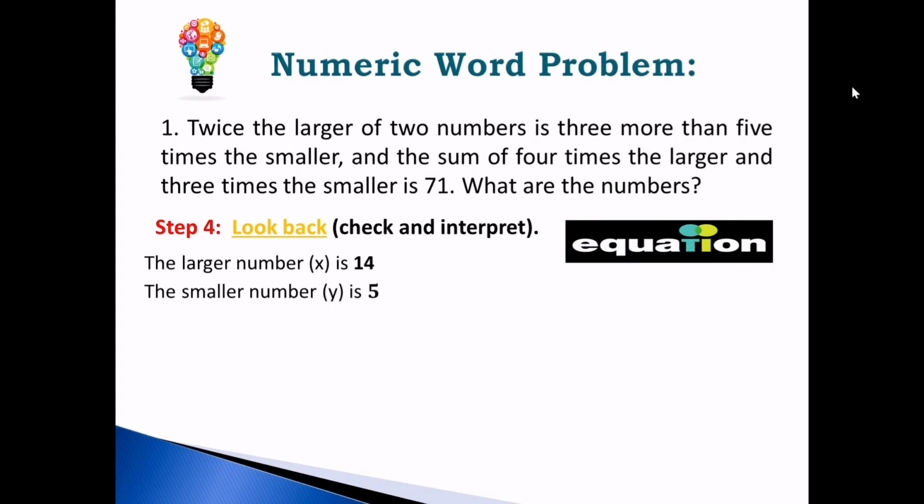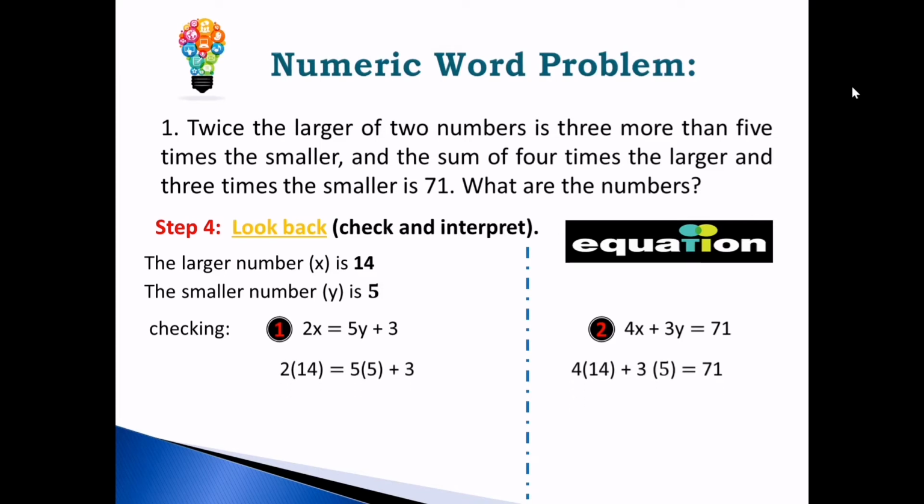We're going to check and interpret whether our answer is right or wrong. So obviously we're going to do the checking simultaneously. So let us just substitute the value of x as 14 and the value of y as 5. So we're going to do the substitution simultaneously here.